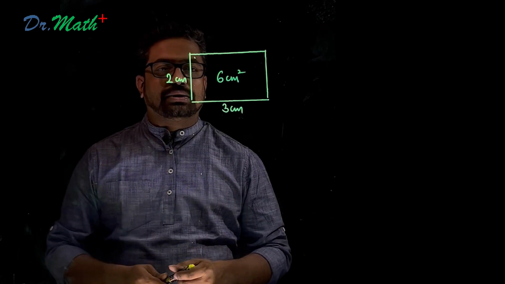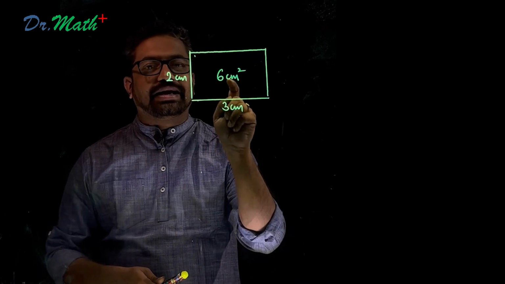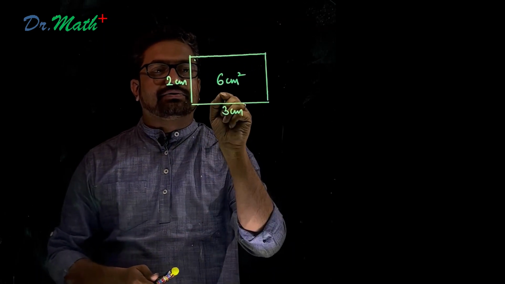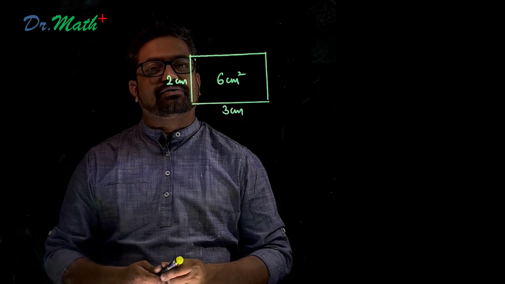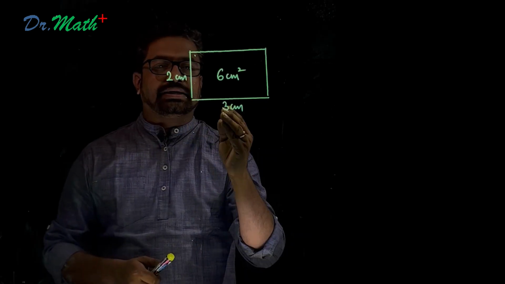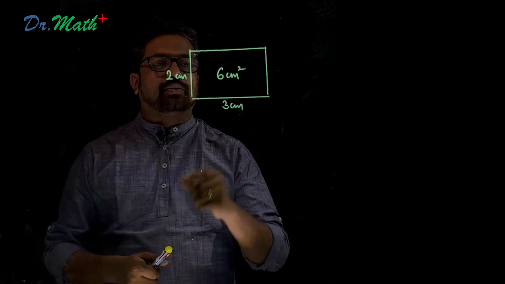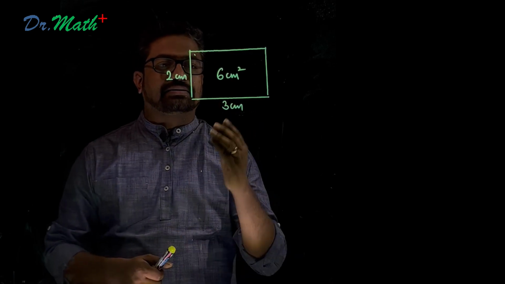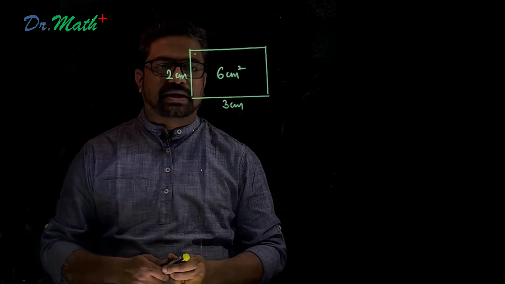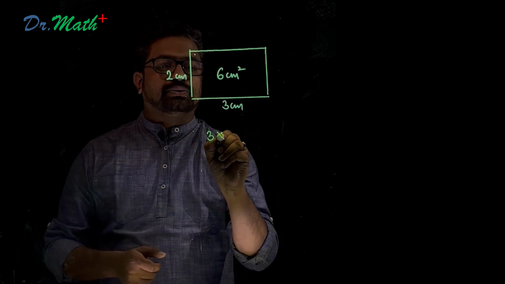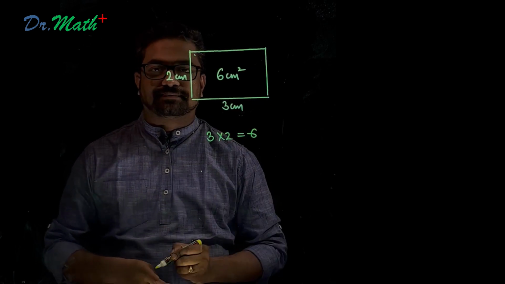So the product of two numbers represents the area of a rectangle if those two numbers are the length and breadth of the rectangle. 6 represents the area of the rectangle when the length and breadth are 3 centimeters and 2 centimeters. That is, 3 into 2 is 6.